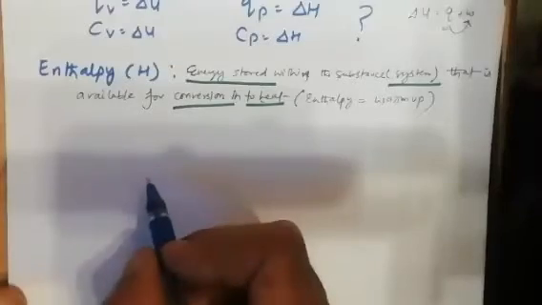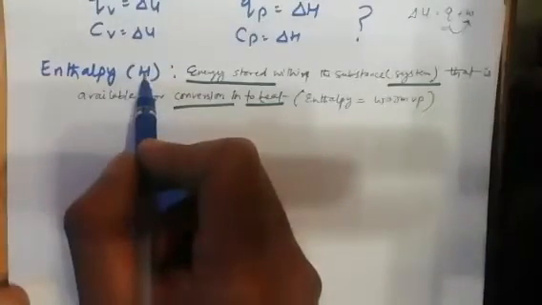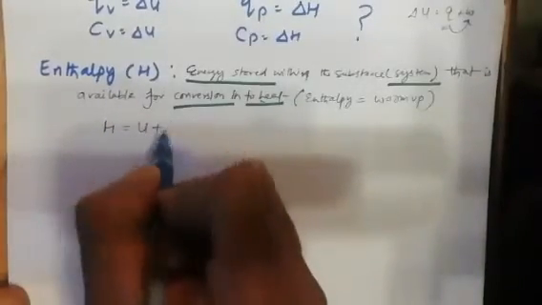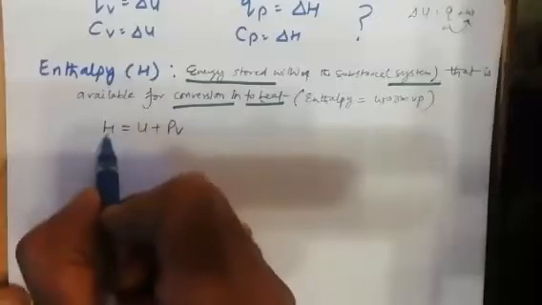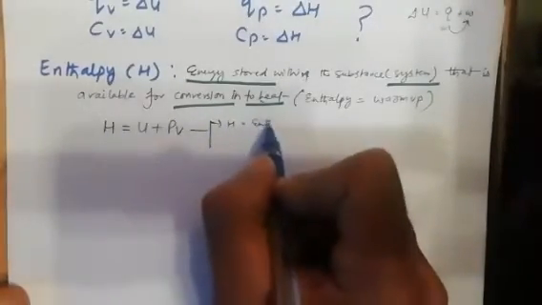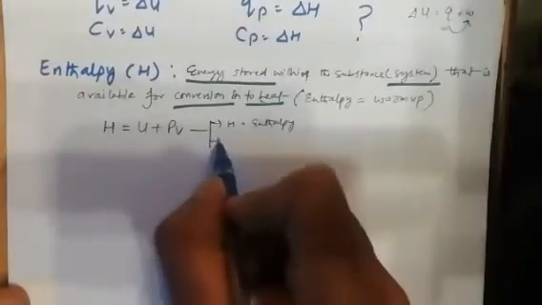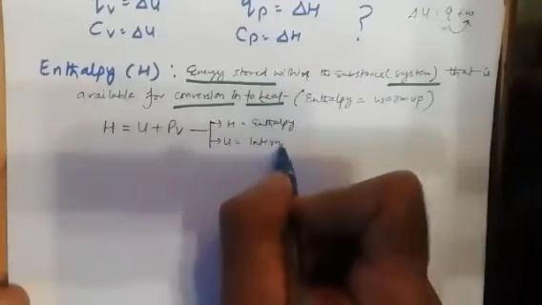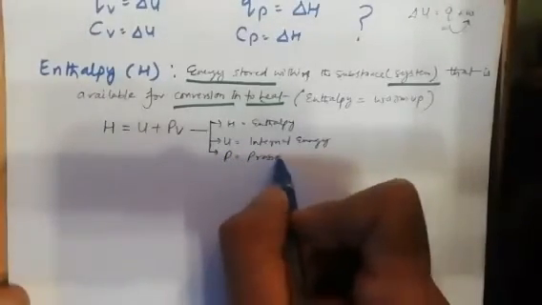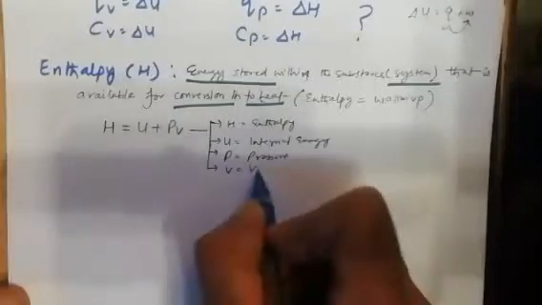Enthalpy is denoted by H, and it is related to internal energy through the mathematical equation H is equal to U plus PV. Here you need to focus: H is enthalpy, U is internal energy, P is pressure, and V is volume.